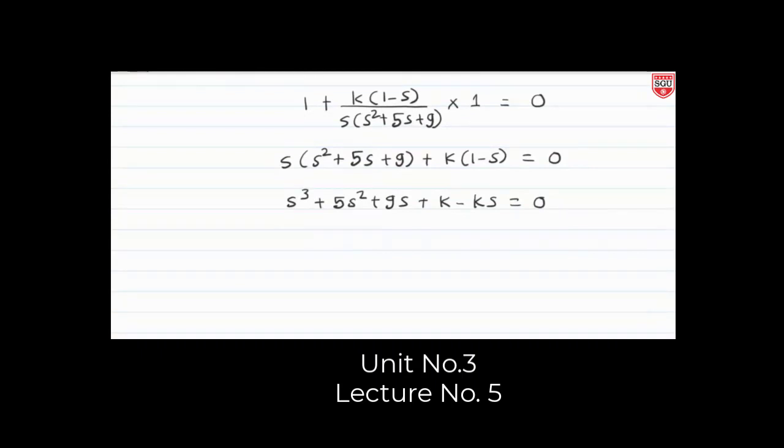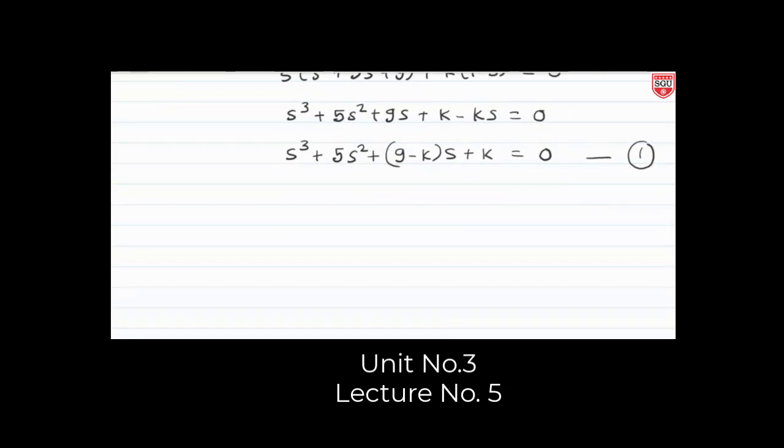Taking together all the terms of s, s cube plus 5s square plus (9 minus K) into s plus K is equal to 0. This is our equation where we will apply the Routh array.